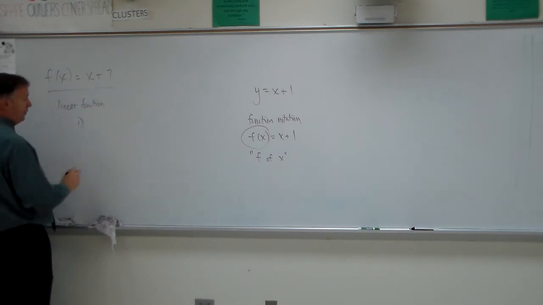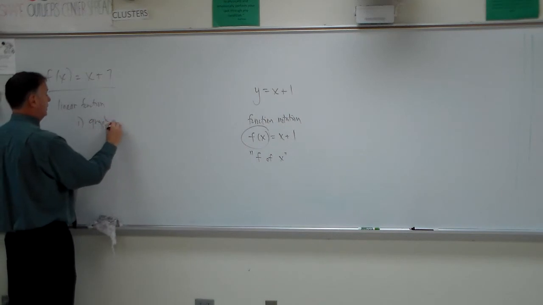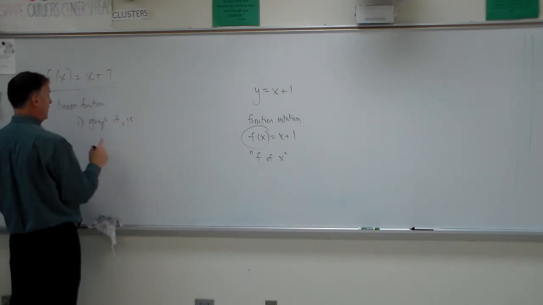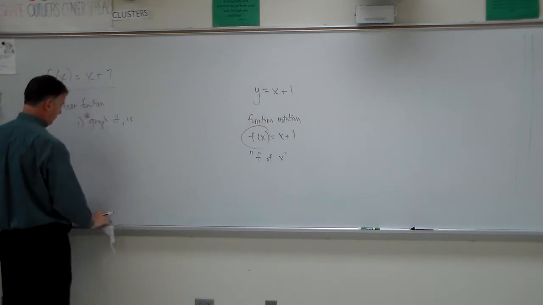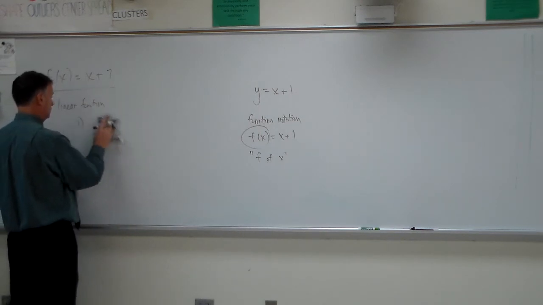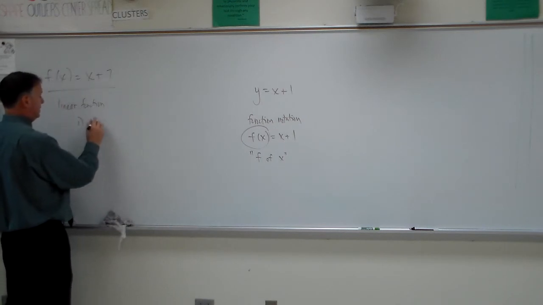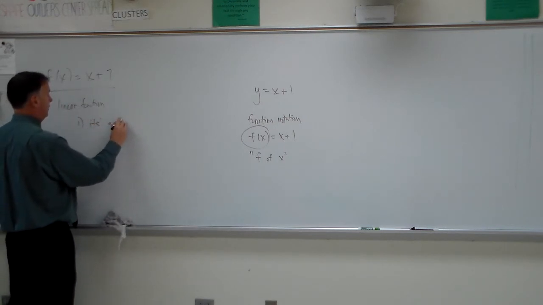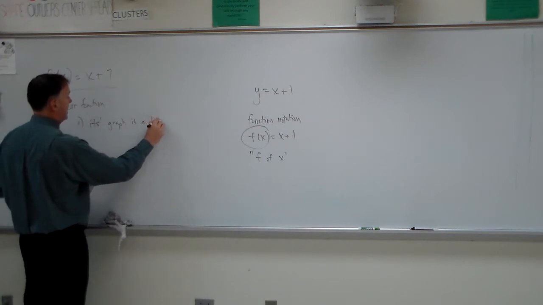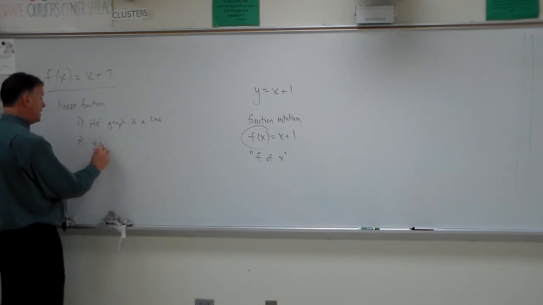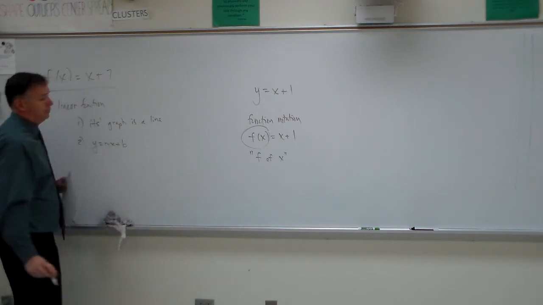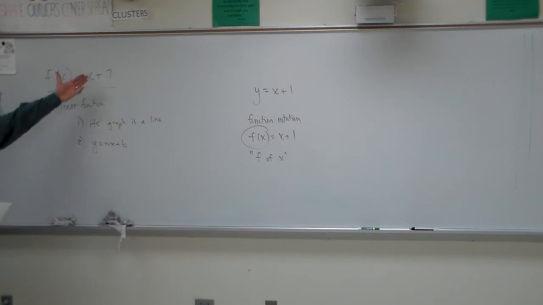One reason why it's a linear function: its graph is a line. The second reason it's a linear function is because it fits the y equals mx plus b form. You can tell by its graph, you can tell by matching it up with y equals mx plus b.